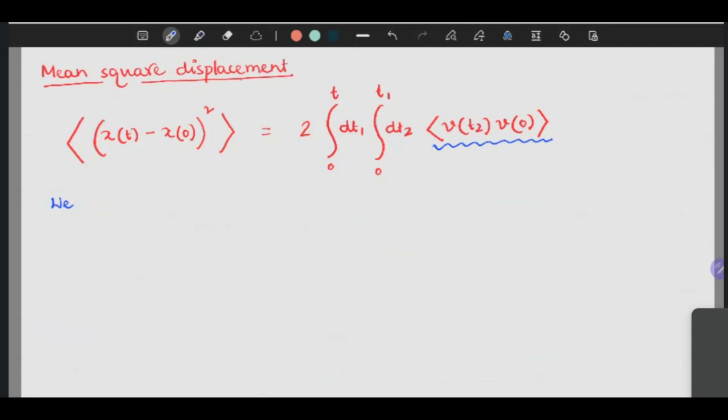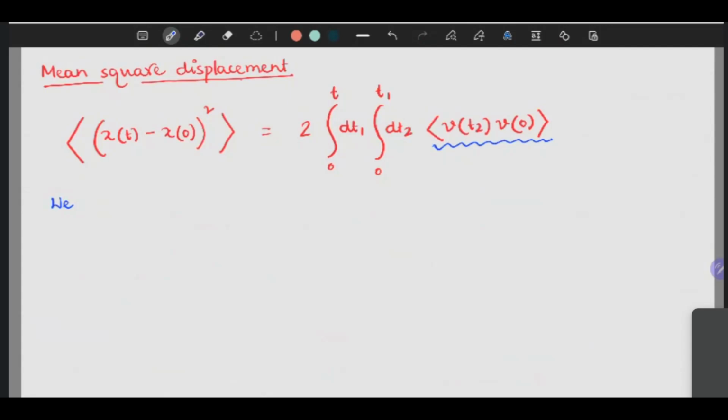So what we will do, we will first take this relation, so we can calculate the mean square displacement like this. So this is x(t) minus x(0), and substitute it like this.